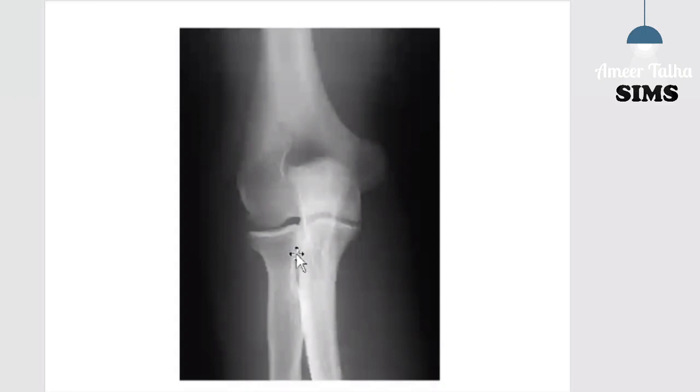Radial tuberosity, and the two borders of the bones which are opposing each other, between them they are the interosseous borders.